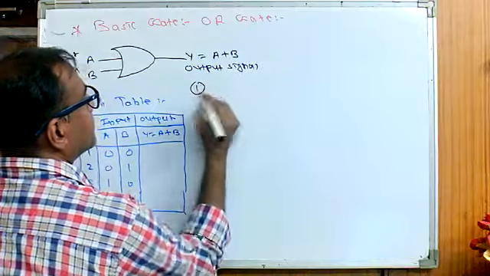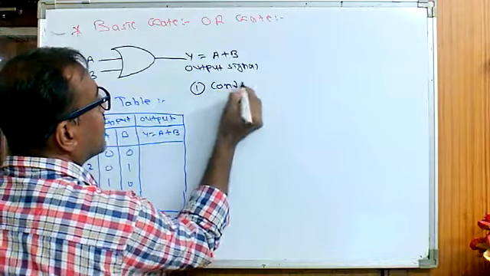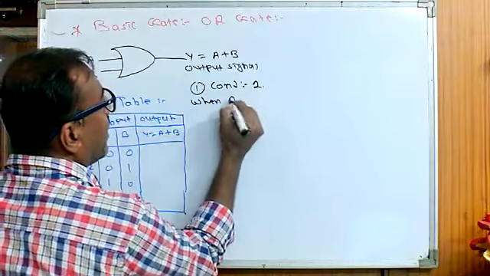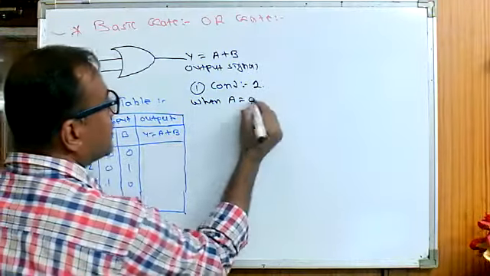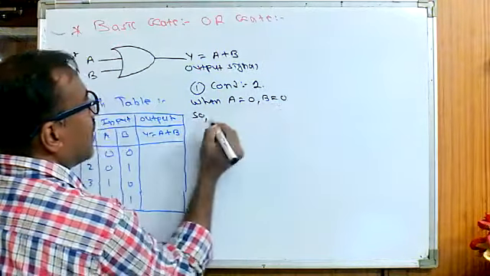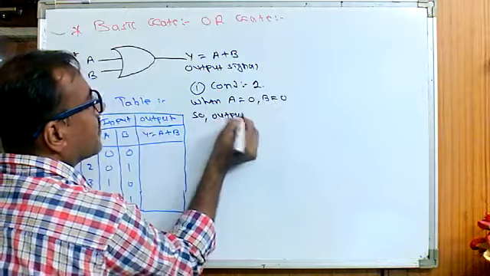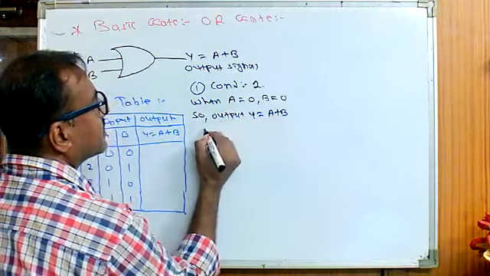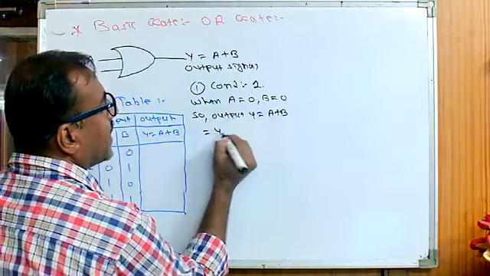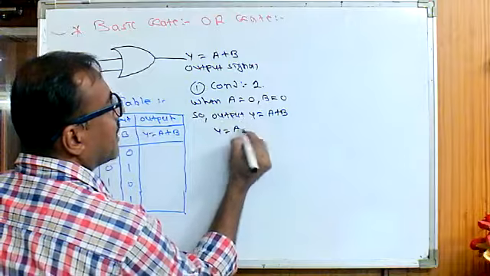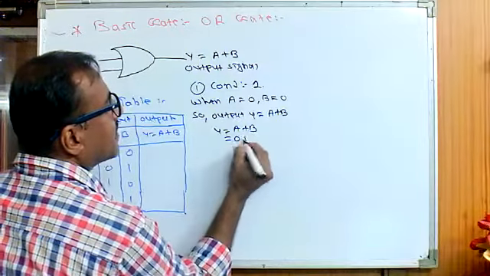First condition: when A is equal to 0 and B is equal to 0. So the output Y is equal to A plus B, meaning 0 plus 0.